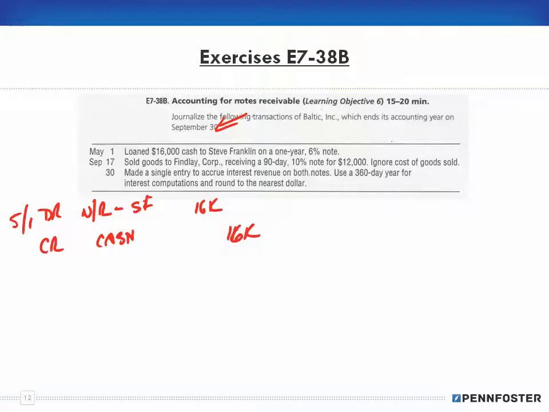Now the textbook shows the description, record loan supported by a note, and that's fine.